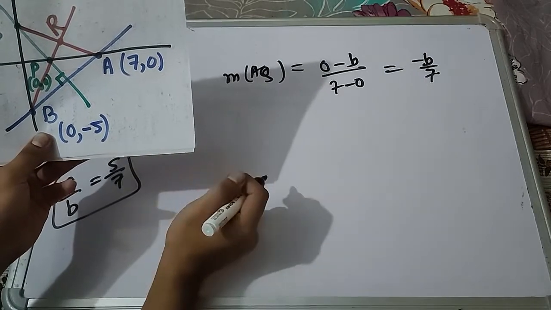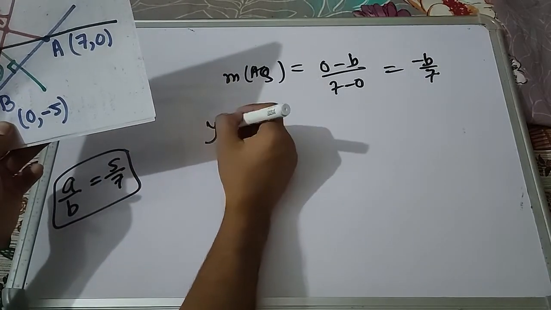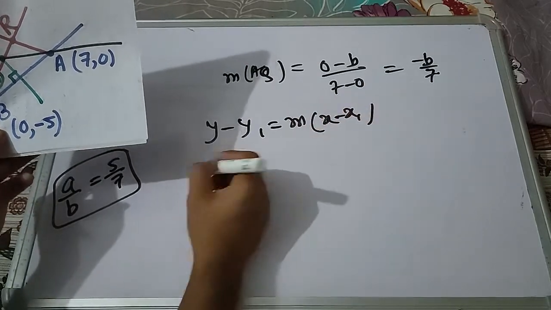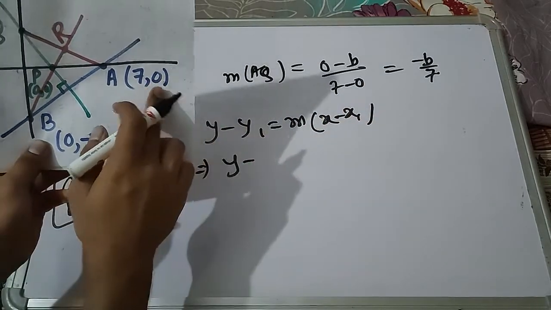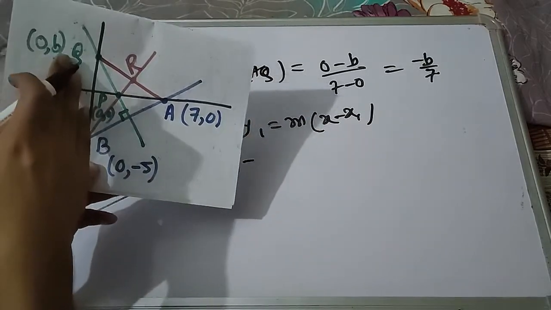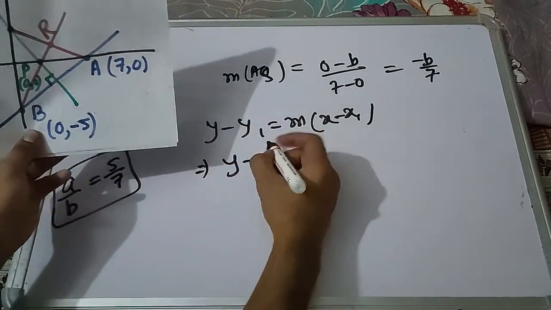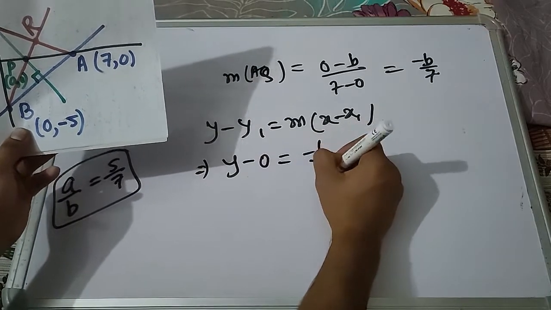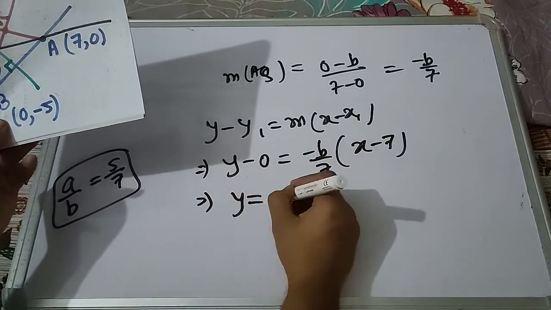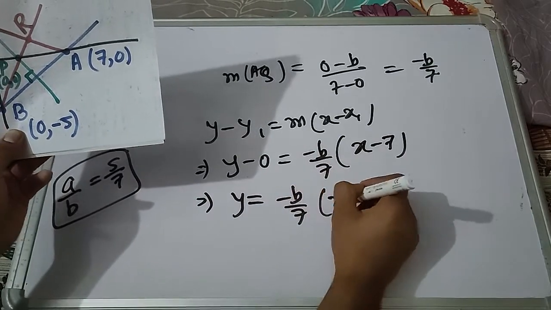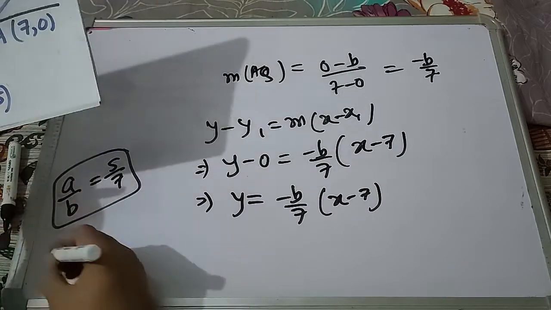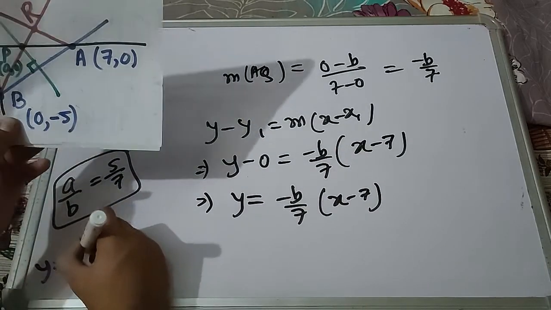We use the format y minus y1 equals m into x minus x1. I am using this point for convenience because I want the y side to be 0. You can use the other point as well, but this is my preference. Y minus 0 equals minus b by 7 into x minus 7, so y equals minus b by 7 into x minus 7. This is another important inference we have drawn from the given information.